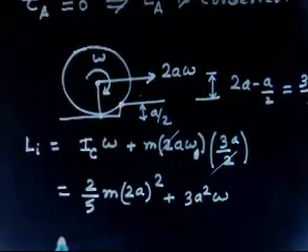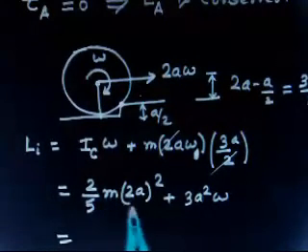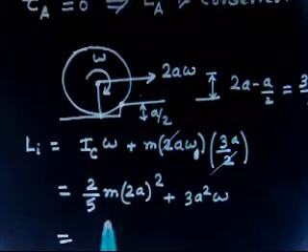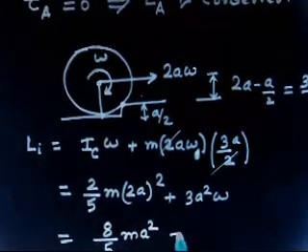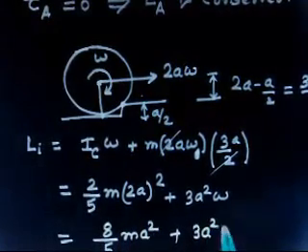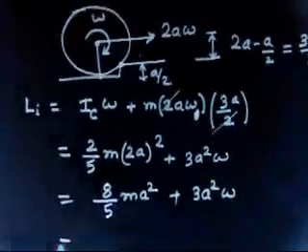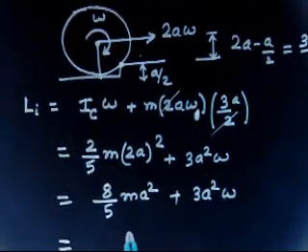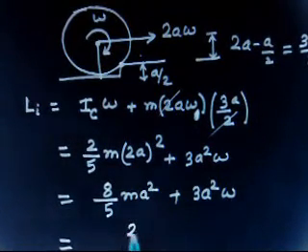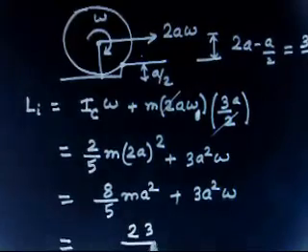Are you getting? Now we will have 2 by 5 into 4, 8 by 5 m a square plus 3a square omega. Now further you do this calculation, so we will have 15 plus 8, 23. Are you getting or not?